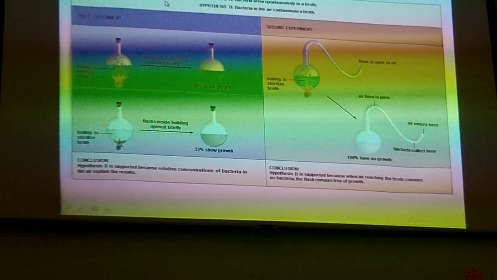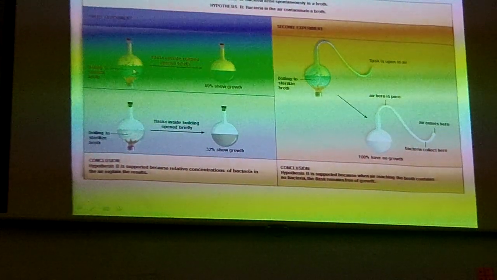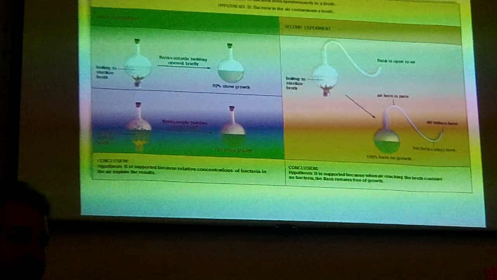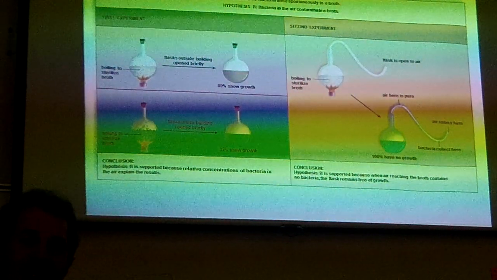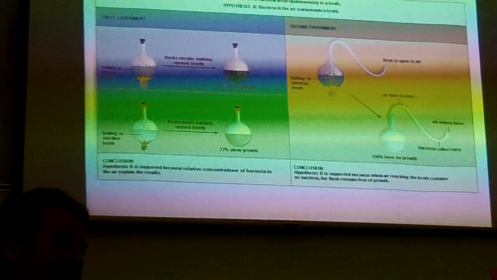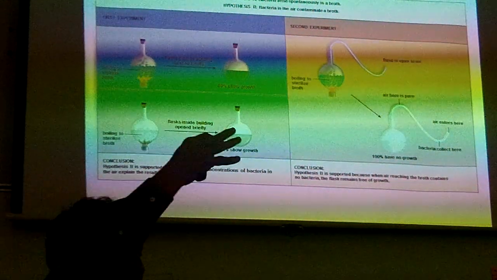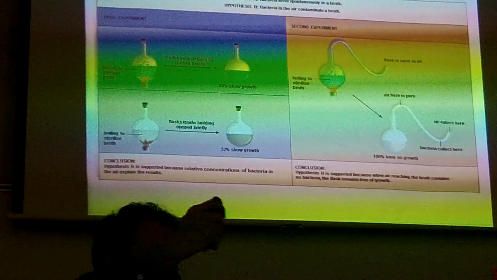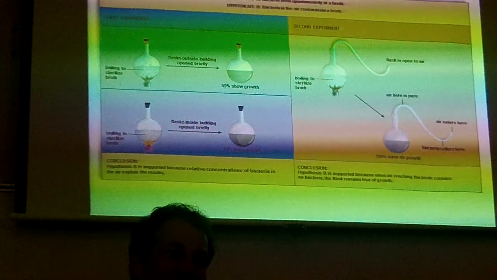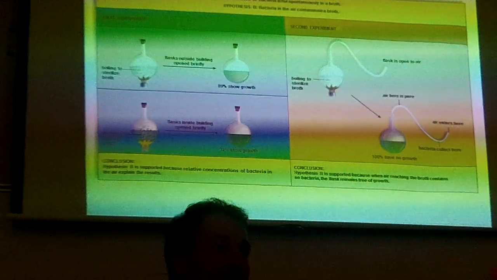Now, what Pasteur did was he took this flask and he'd take it outside and open it just briefly, and close it again, and guess what? The flask would spoil. So he figured out that there must be something floating around in the air that, when you open it, goes down in there and starts multiplying. And that's what spoiling is, multiplying bacteria.